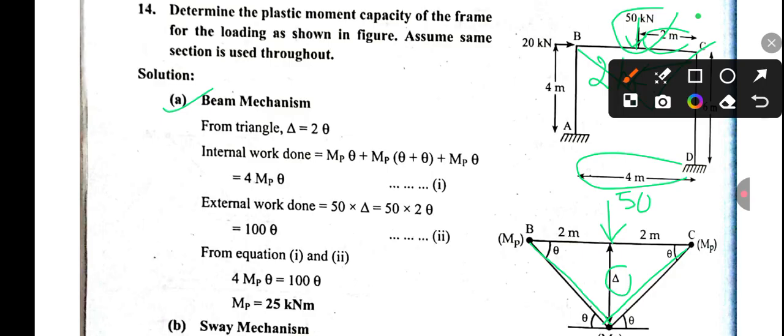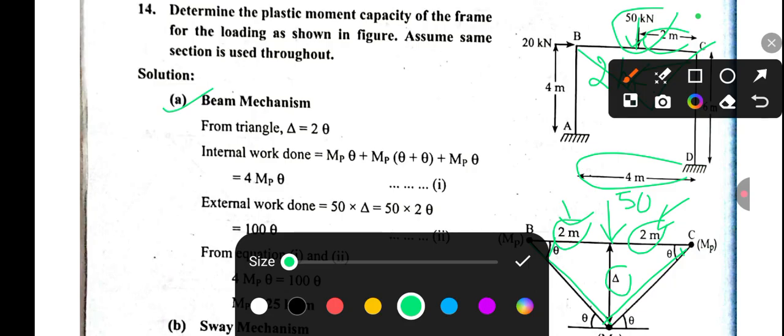The distances are 2 meters and 2 meters in the given question, so this is also 2 and this is also 2. That's why the angle formed, theta, will be the same: this theta equals this theta, and this theta equals this theta, because the length is the same. Whenever the length is the same, we take the same angle.